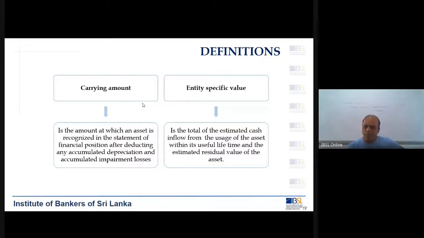What they do is 200,000 units into the selling price. That will be the value that I'm going to consider as my fixed asset value. That is called the entity specific value.